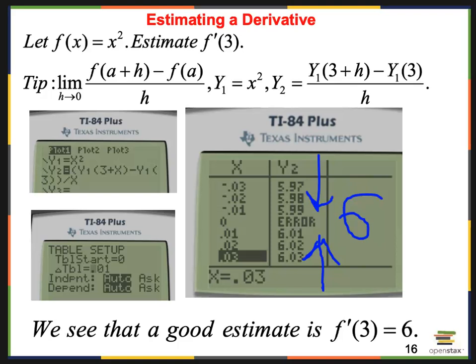We want these fractions as we're getting closer and closer to 0. As it's approaching 0, where are we going to? You can look, 5.99, 6.01 from the left, from the right, and it's going to 6. So that would be a good estimate for f prime of 3 using our TI-84.